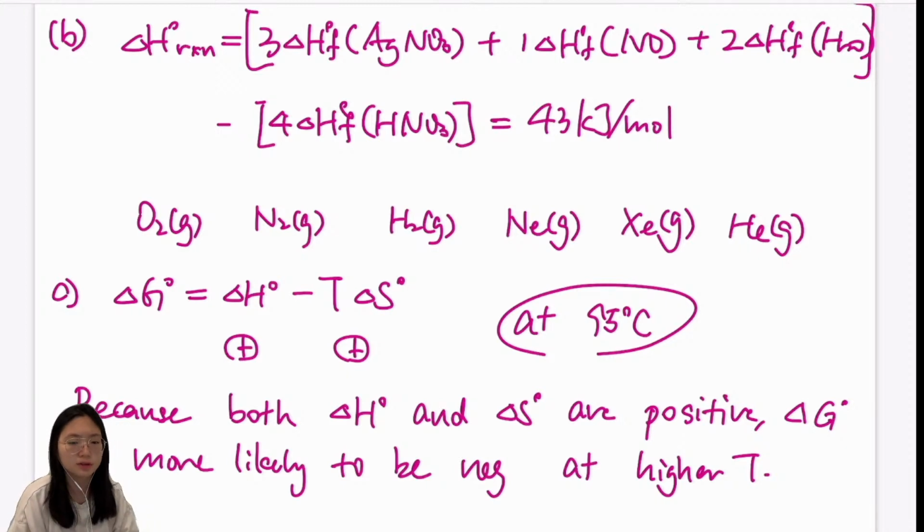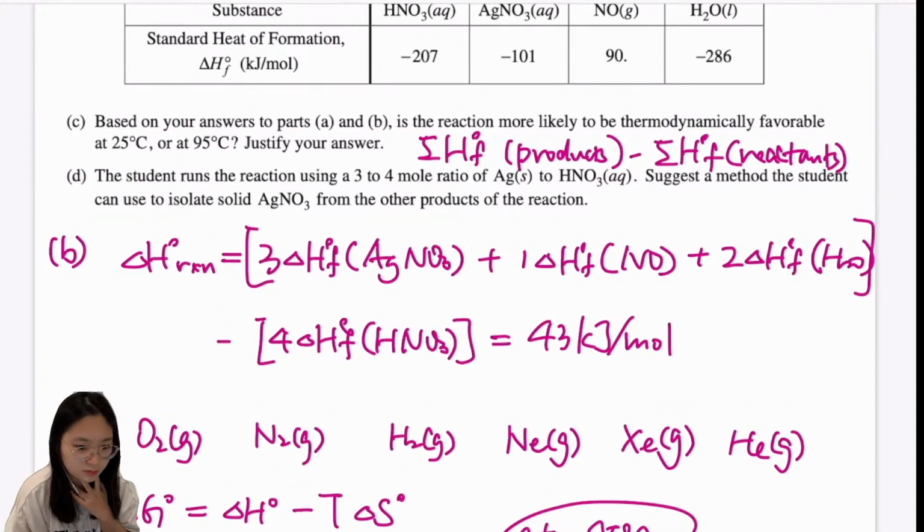Do we have to get all the units right in parts A, B, and C to get the units point? What do you mean? Oh, do you mean the grading?